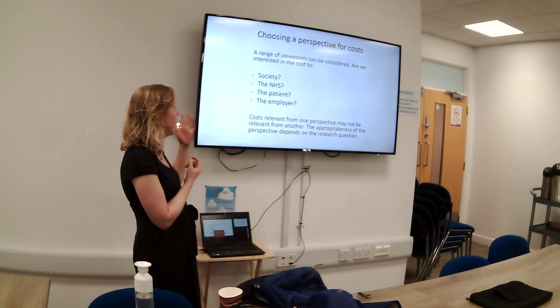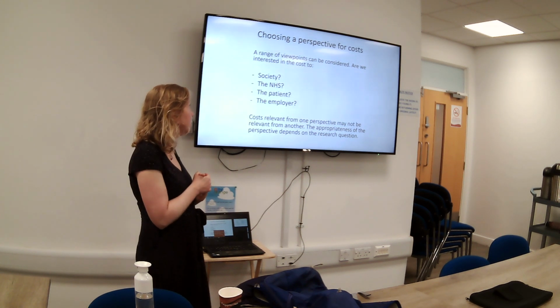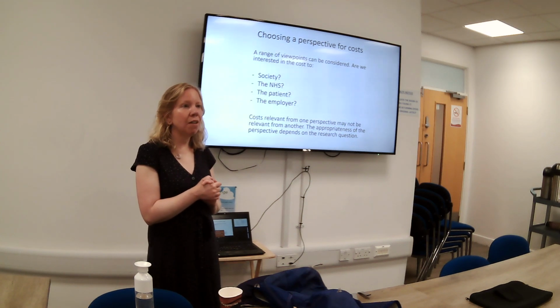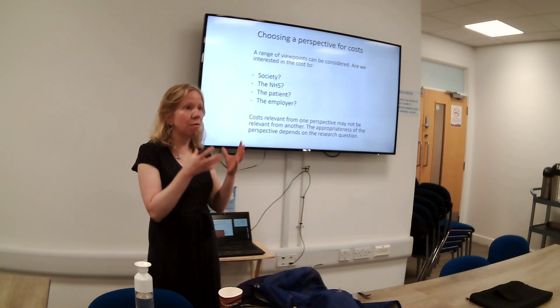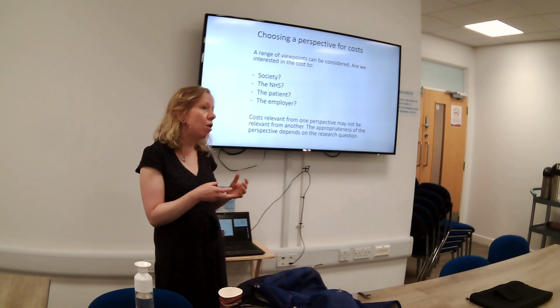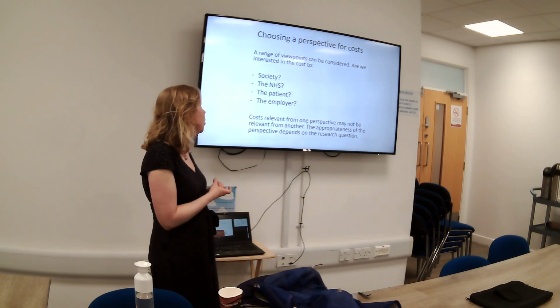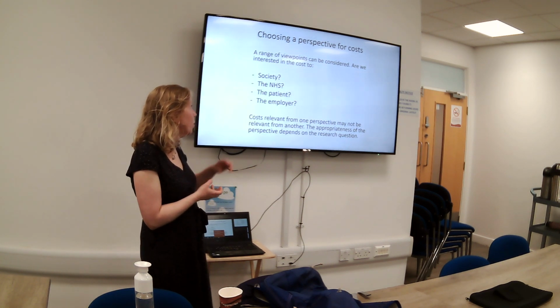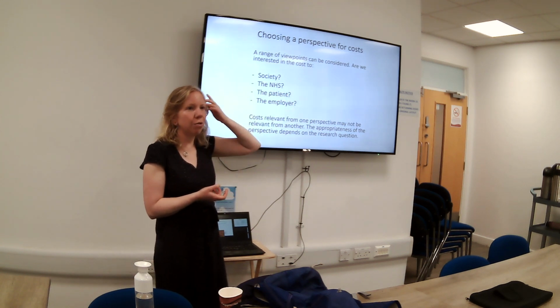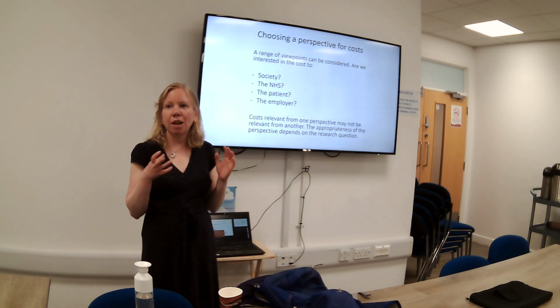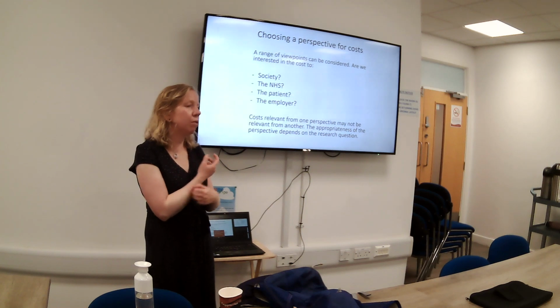And as well, I briefly mentioned this, is perspectives. In economic evaluations, you usually take a perspective so you can be clear about what costs you're going to include. You have the patient, or more the individual, so it could be a caregiver, their family, which would just be looking at things like the person's travel time.